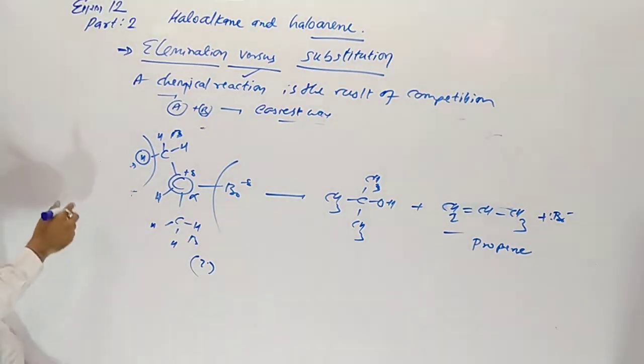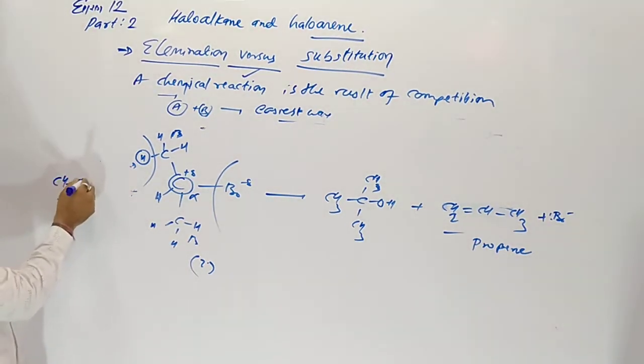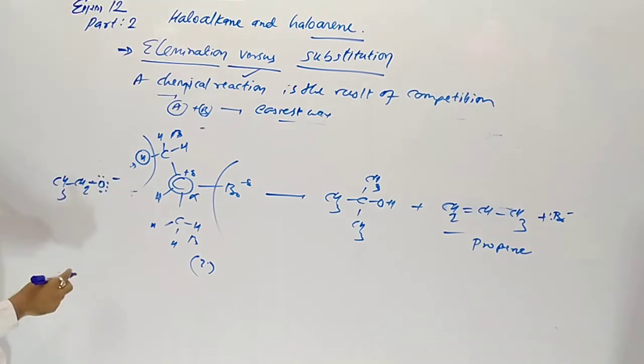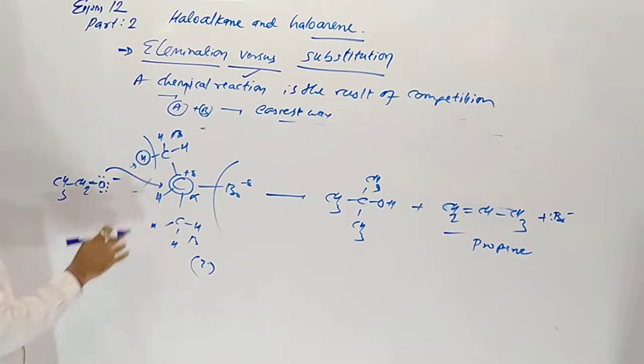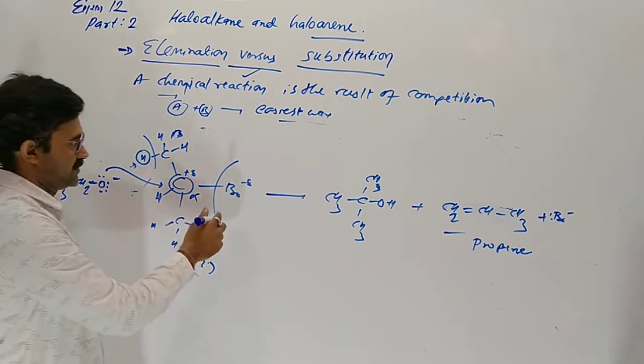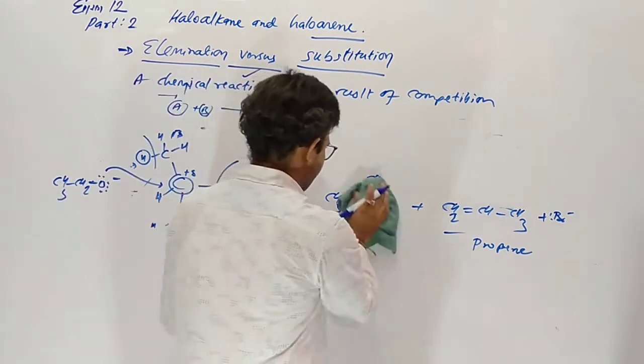If ethoxide is attacking here, ethoxide is a weak base, donating nature less, so it attacks over the carbon atom. So in this case, SN2 reaction. In the presence of bromine, ethoxide is entering there.